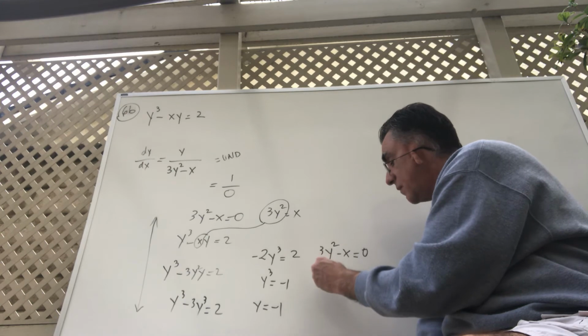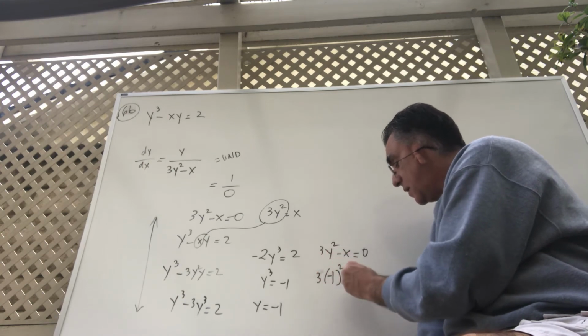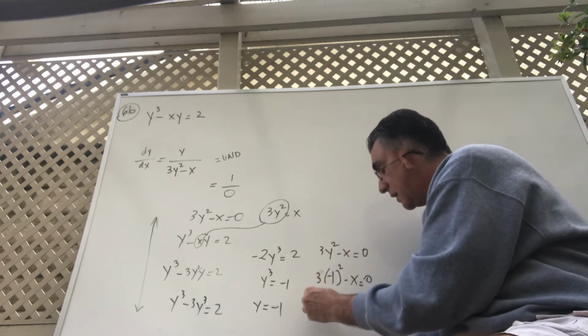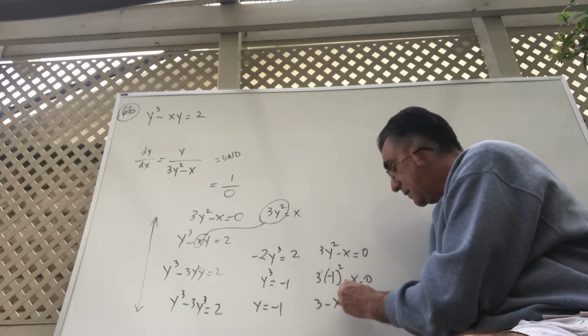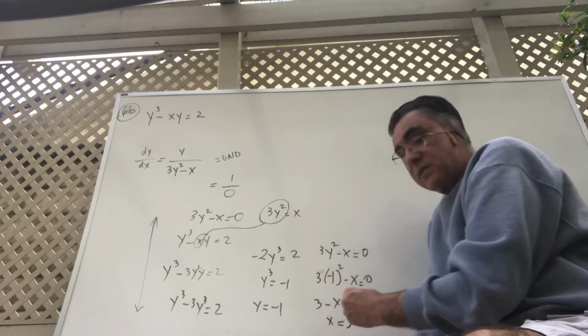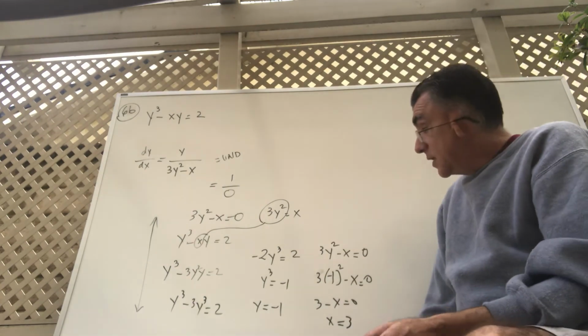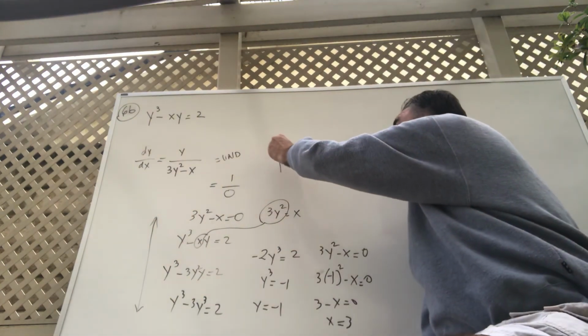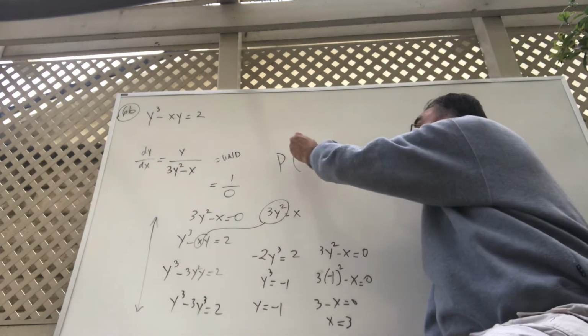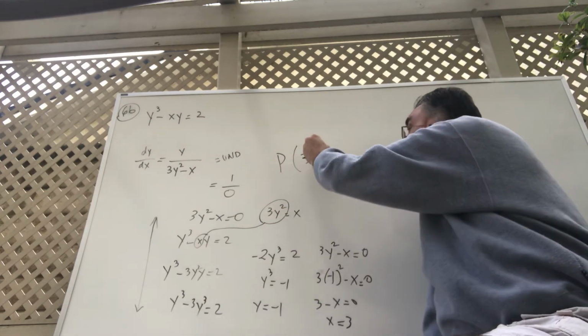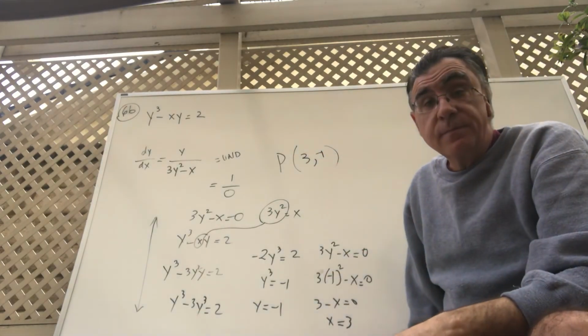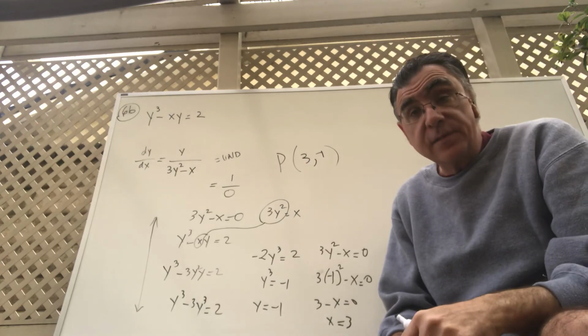If I put the negative 1 in, you probably can see the answer already. x equals 3. So the point that will work is when x is 3 and y is negative 1. Hopefully that answers your question. I'm going to put this up.